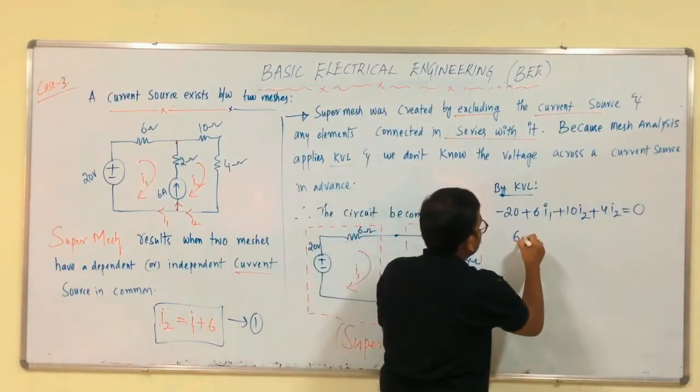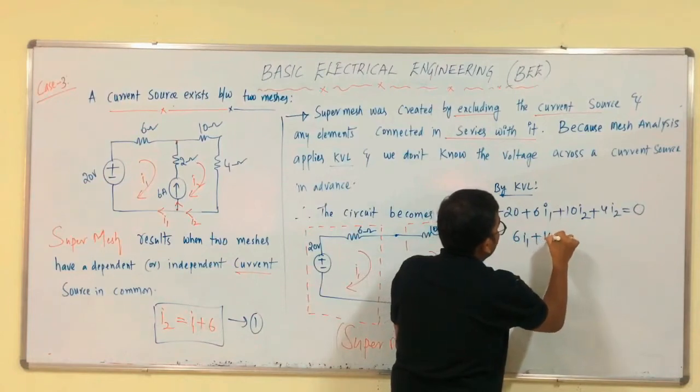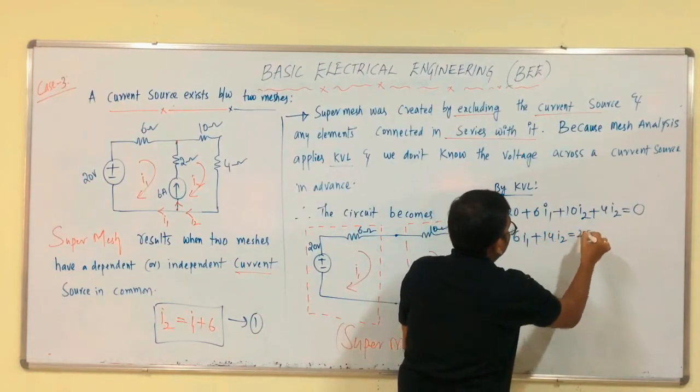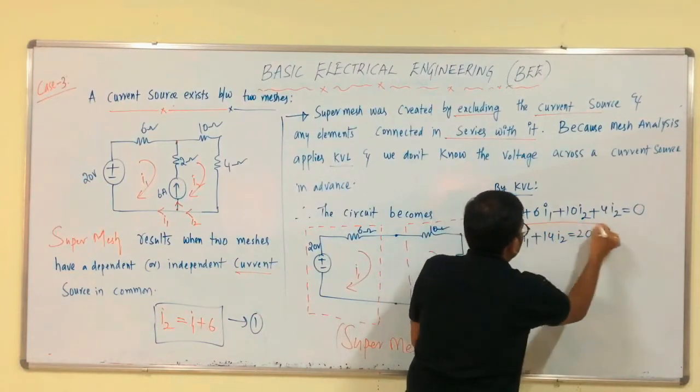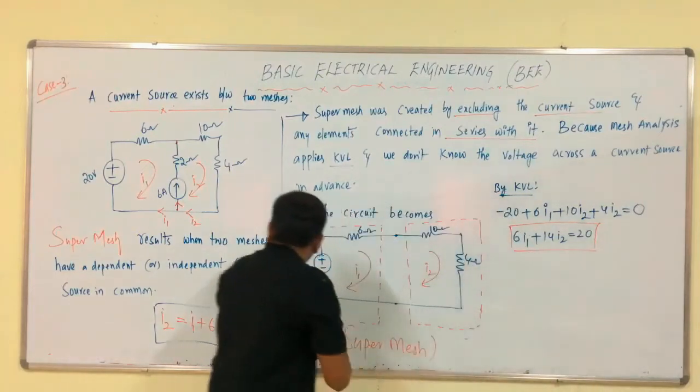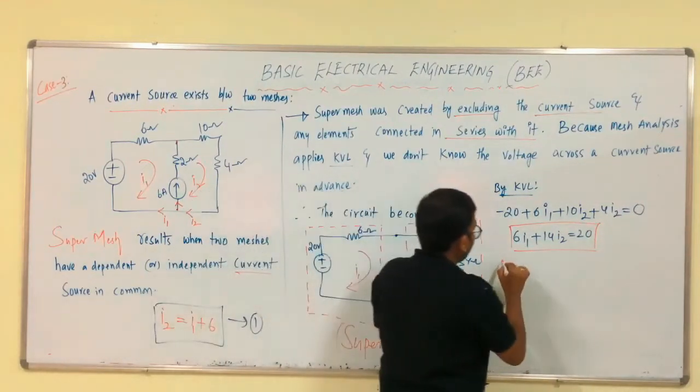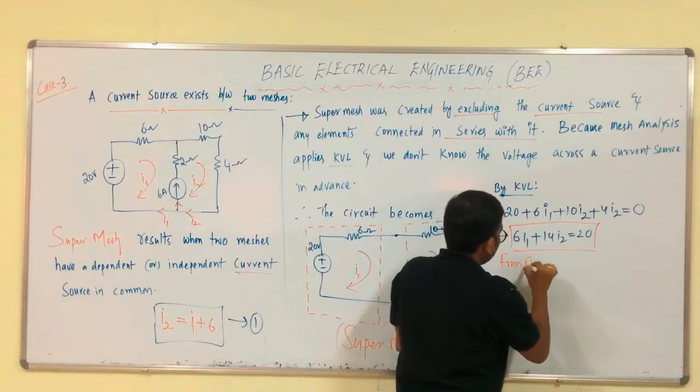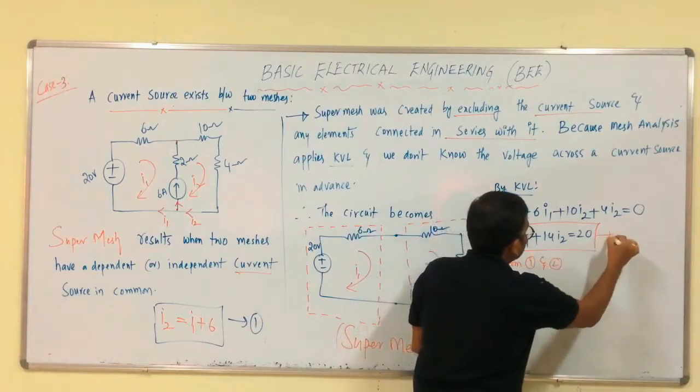From this, 6 I1 plus 14 I2 equals 20. This is equation 2. Now substitute from equation 1 into equation 2.